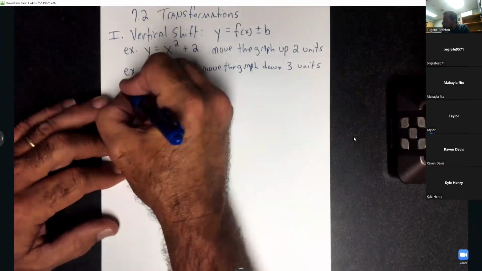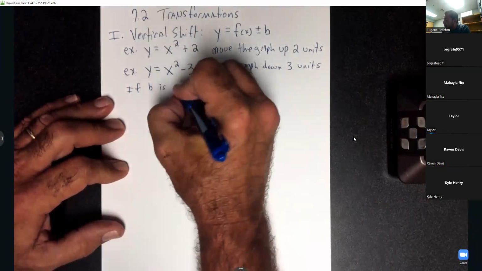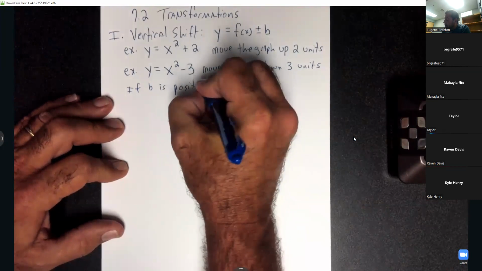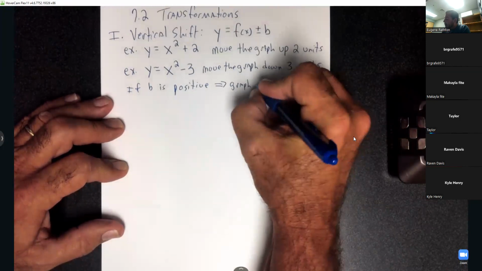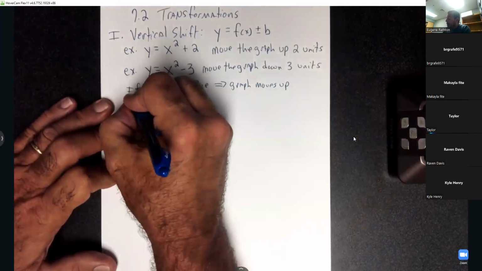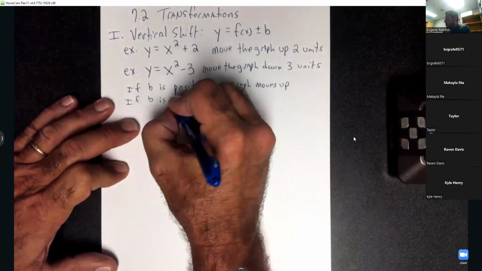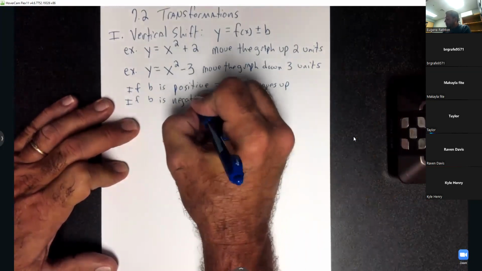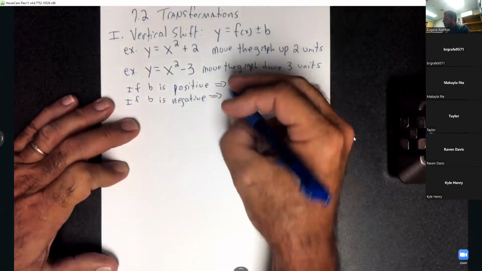So the moral of the story: if b is positive, then the graph moves up. If b is negative, then the graph moves down.